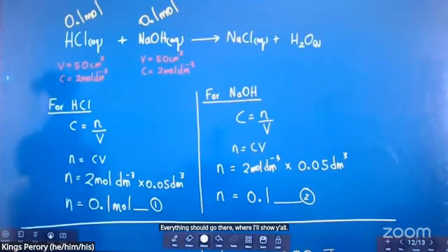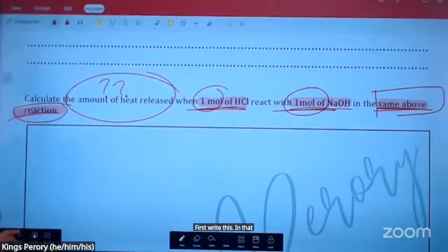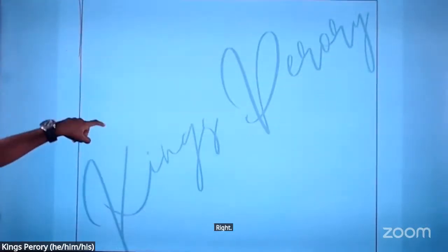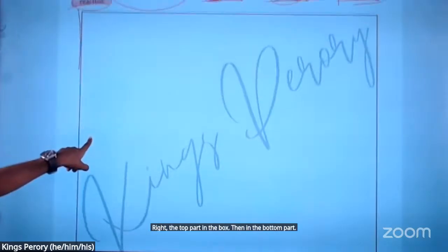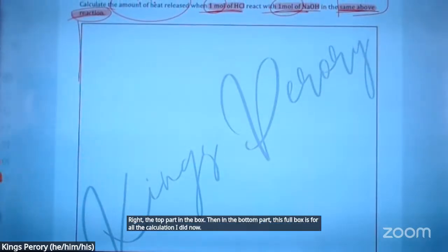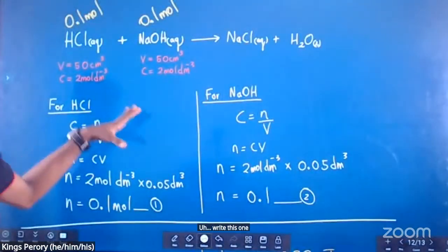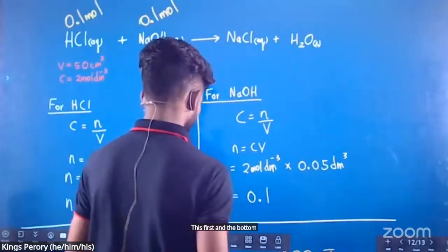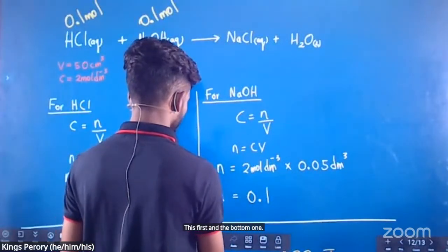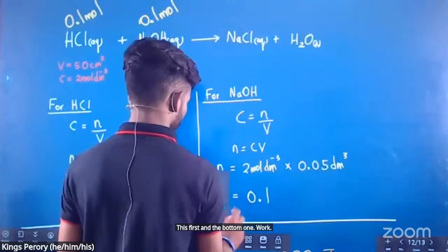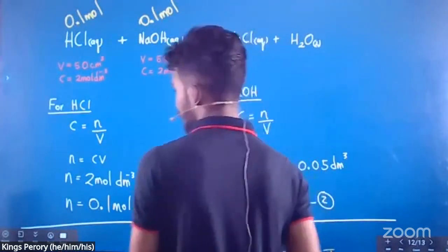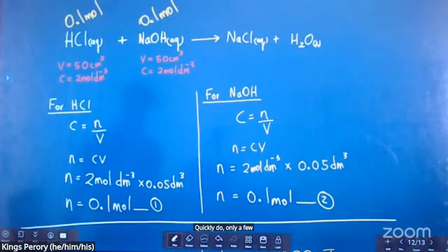First write this in that box. Write the top part in the box, then the bottom part. This full box is for all the calculation I did now. Write this one first, then the bottom one. Work quickly, only a few more sections are left. We'll finish off the lesson.